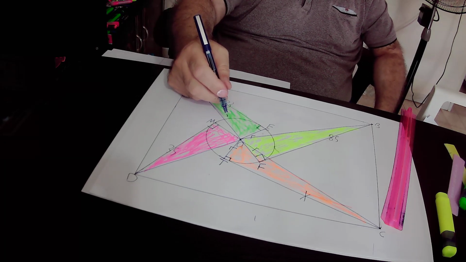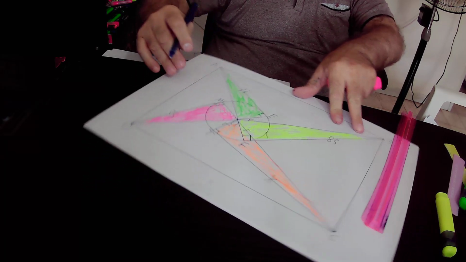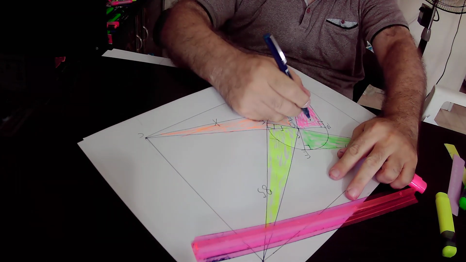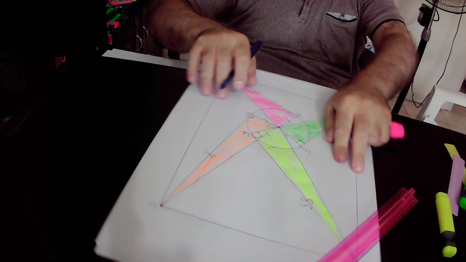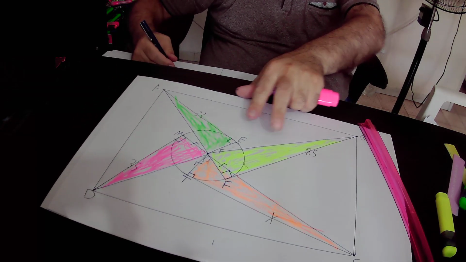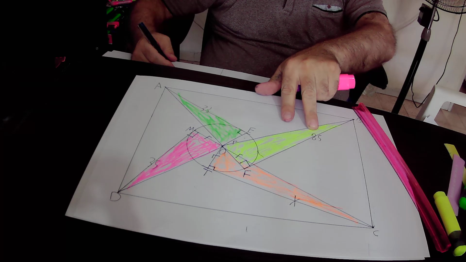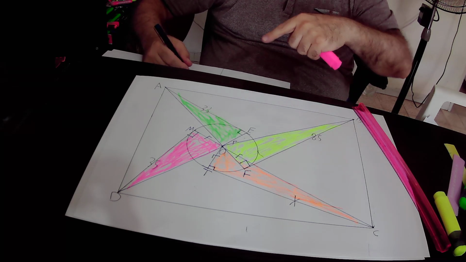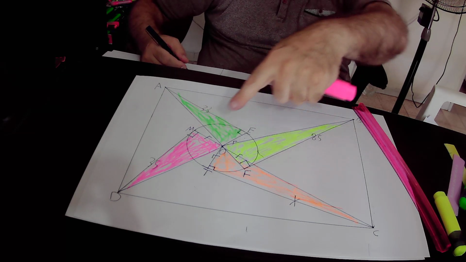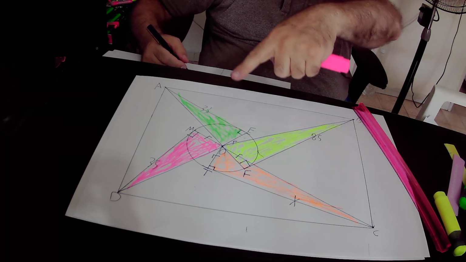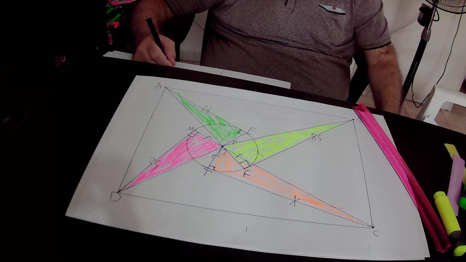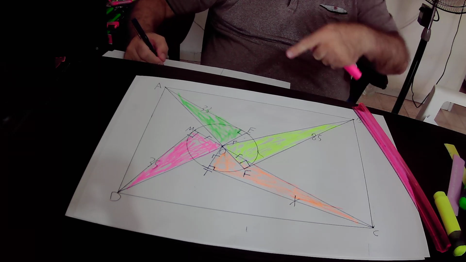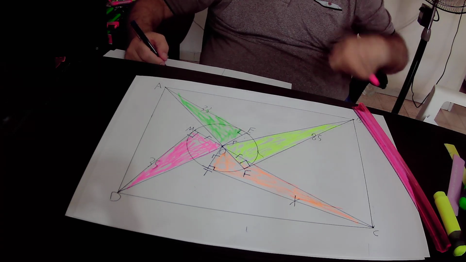OM is of course the radius of the circle, so OM squared, plus MD squared.